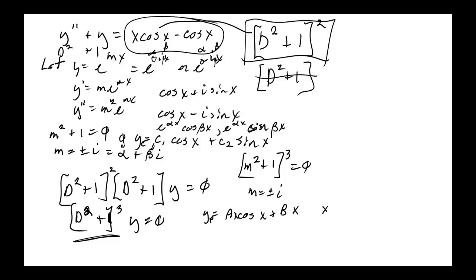The multiplicity of 3 makes n equal 2. So you're going to have ax cosine x plus bx sine x, plus cx squared cosine x plus dx squared sine x.